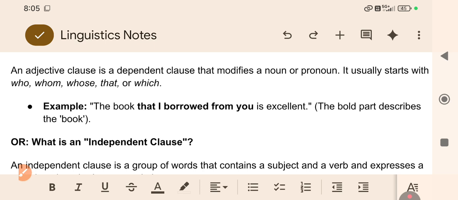So here they are talking about the adjective clause. It is a dependent clause, an adjective clause that modifies a noun or pronoun. See, an adjective is the word which qualifies a noun or pronoun. So this is a group of words which qualifies a noun or pronoun, right?